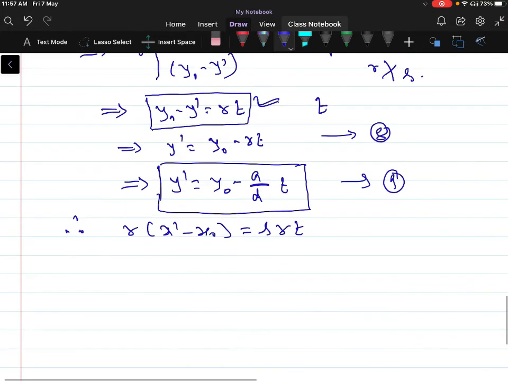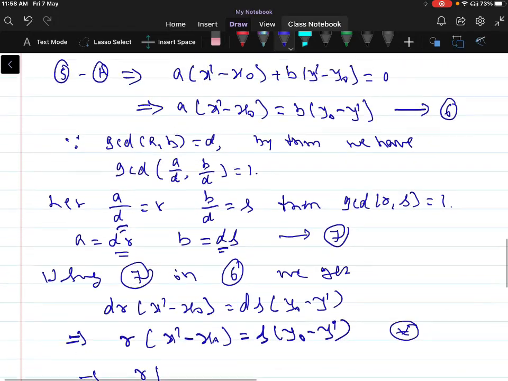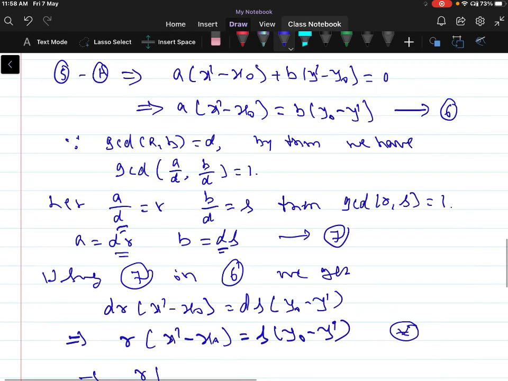So this implies r gets cancelled, x dash minus x naught is equal to s into t. So this implies x dash is equal to x naught plus s into t.